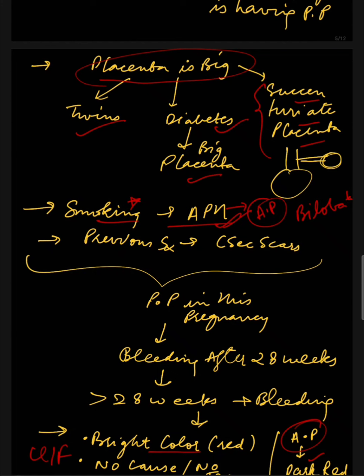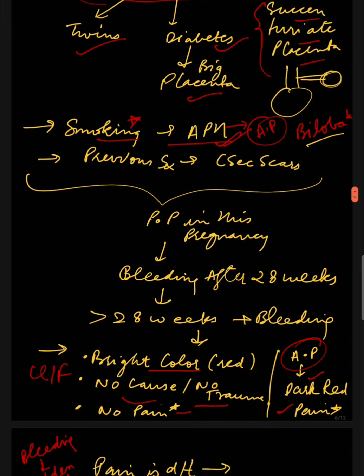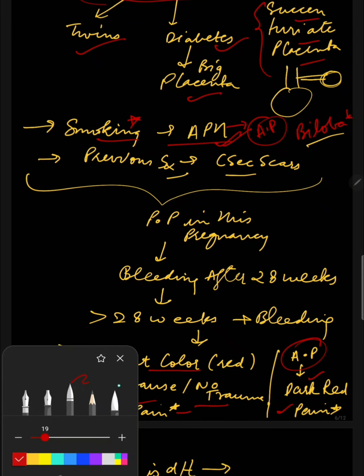And if it has variations like succenturiate placenta or placenta bilobata, where one part of the placenta is lying in the lower uterine segment, it is a risk factor. And previous surgeries such as C-section scars are also risk factors.